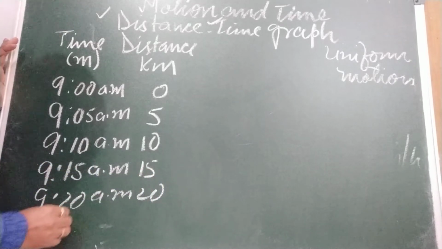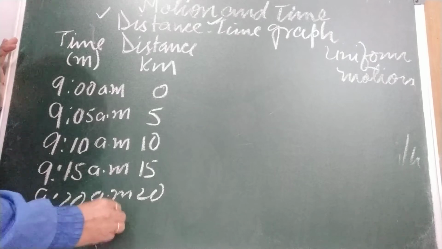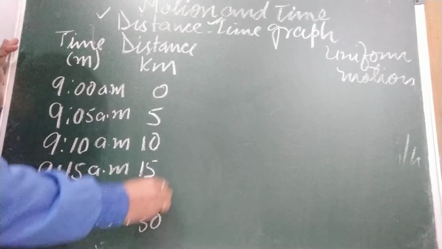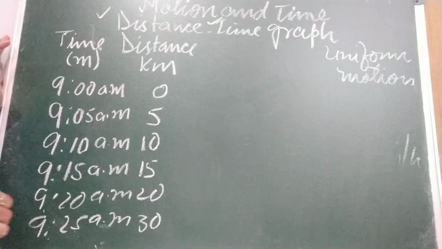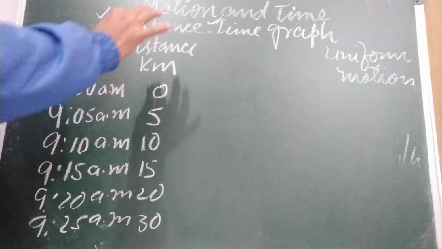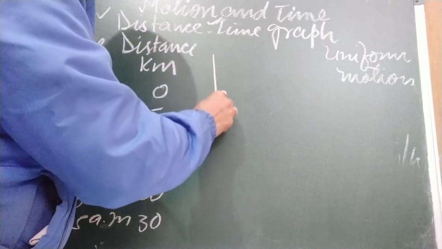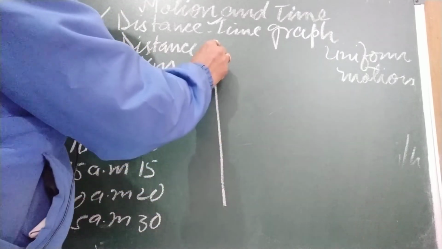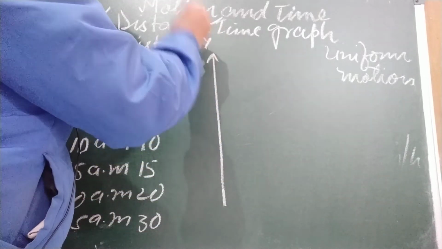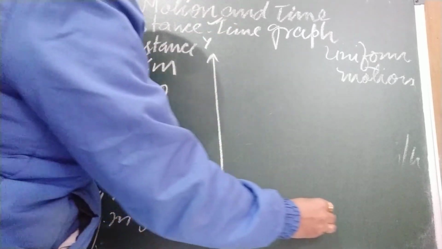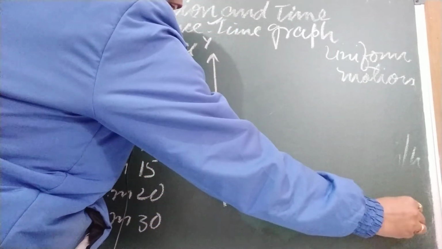And 9:25, 25 kilometers. So these two things we have. Now we have to draw a graph. We will draw the vertical line, this is our y-axis. Horizontal line, this is our x-axis.